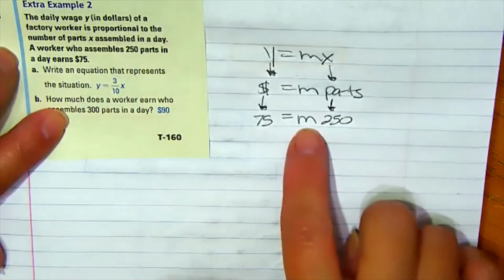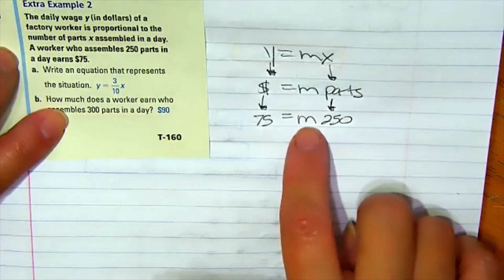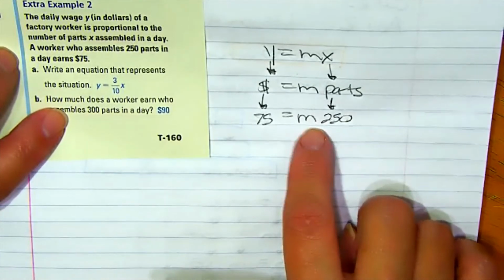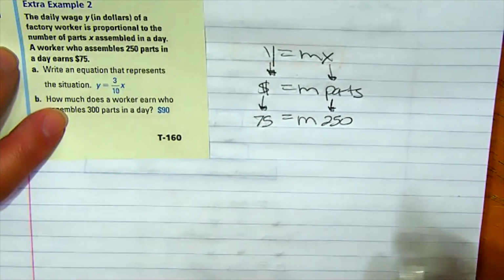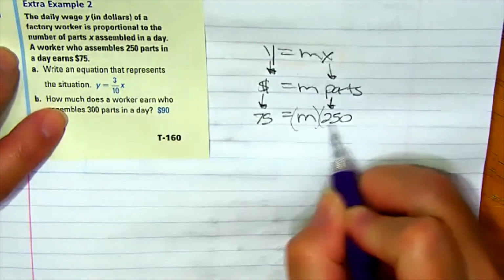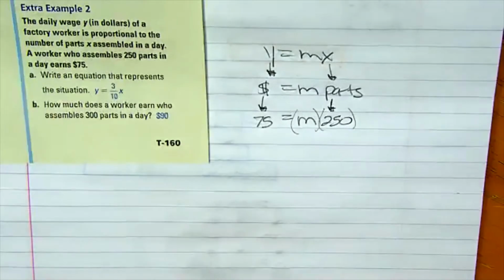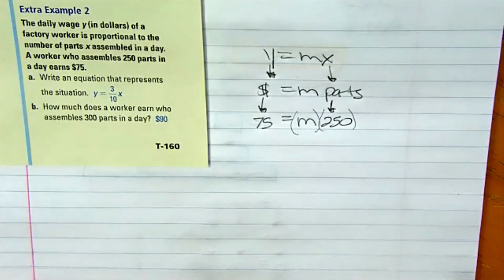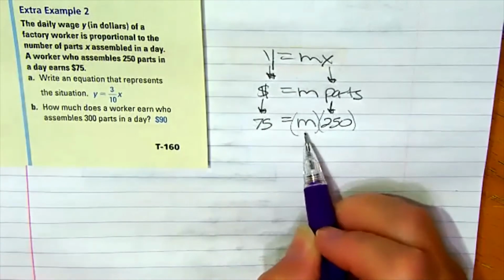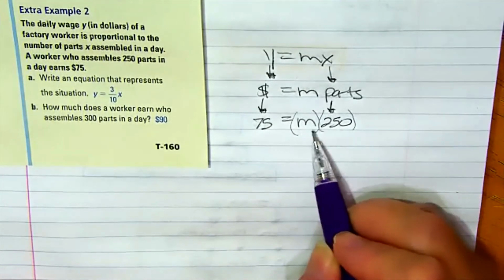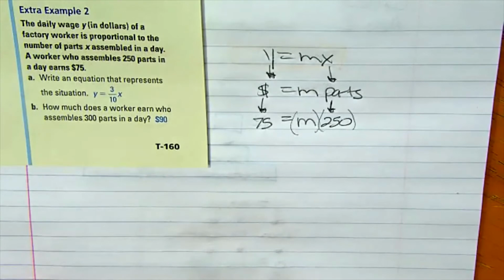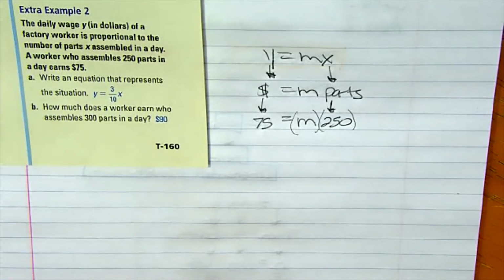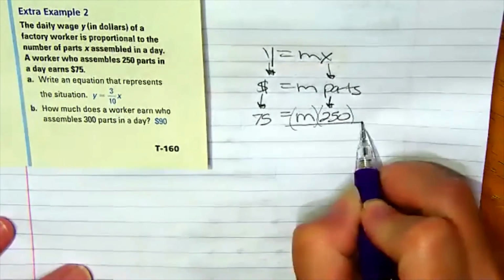We need to write an equation that represents the situation. That means we need to find the constant of proportionality here. Can we do that? Yes. Okay, we can find our constant of proportionality. However, it's attached to this times 250. So I need to use inverse operations. I need to undo 250.